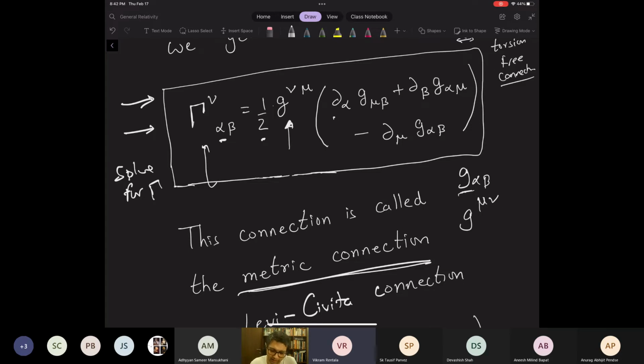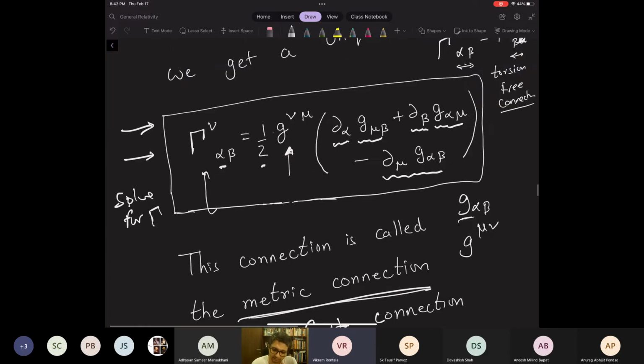And then I have partial alpha g mu beta plus partial beta g alpha mu minus partial mu g alpha beta. So it depends on derivatives of the metric. If the metric changes from one point in coordinates to another point, then these derivatives can be non-zero, and therefore the connection coefficients can be non-zero.